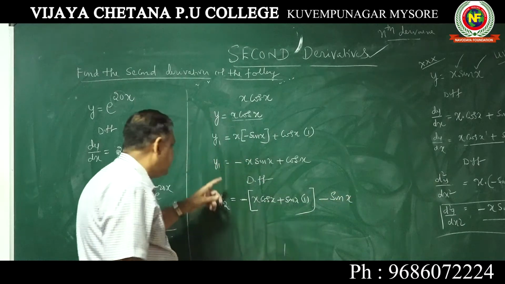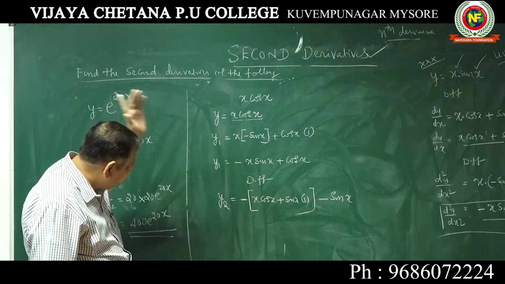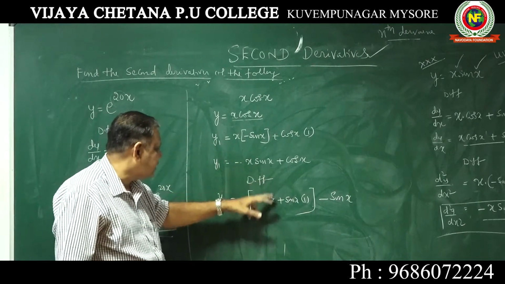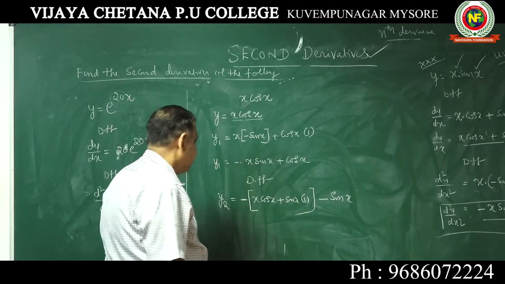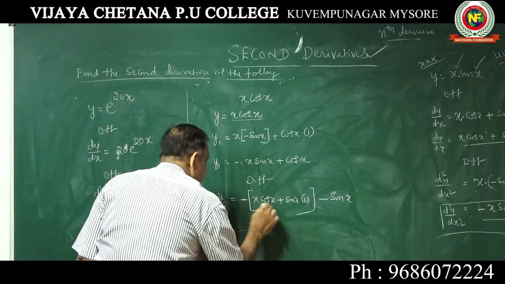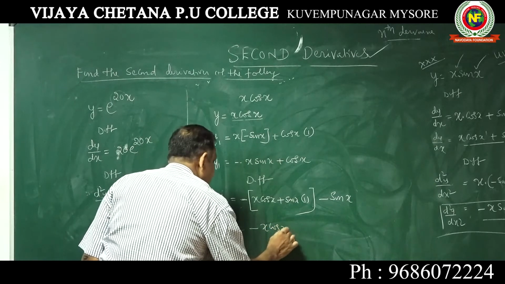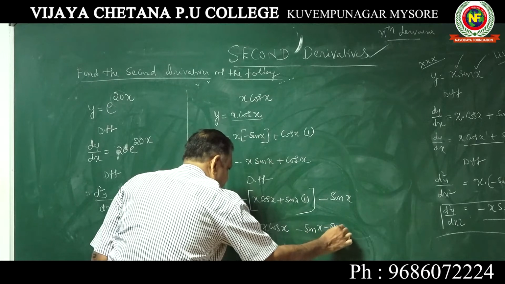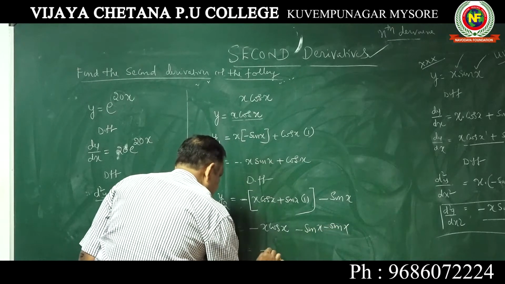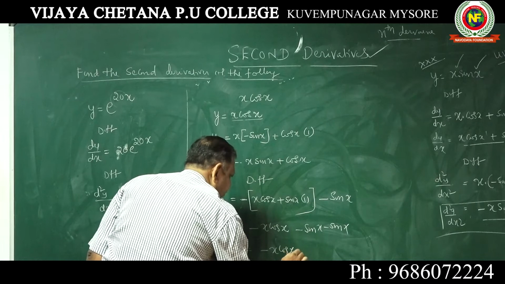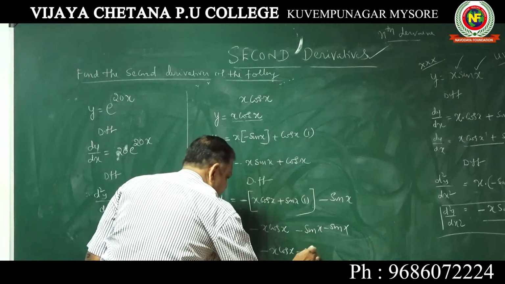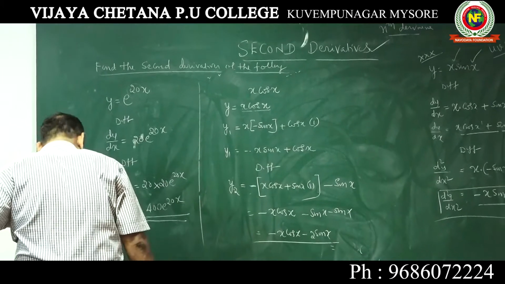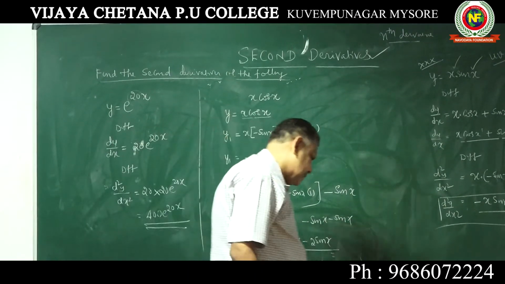So when you differentiate the second time, do it very carefully. Keeping the minus outside, multiply the minus in: minus x cos x minus sin x minus sin x, so your answer is minus x cos x minus 2 sin x. That is the answer.